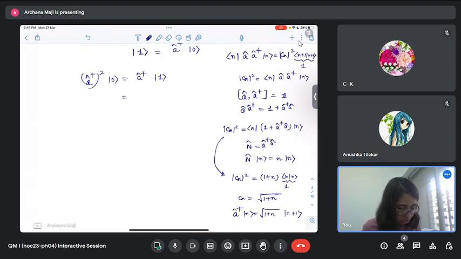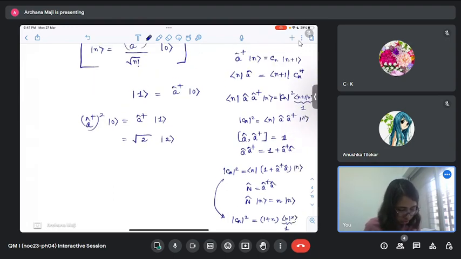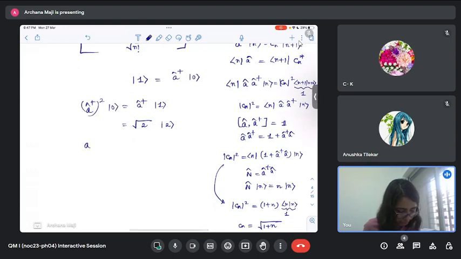Square root of 1 plus 1, that's square root 2, then ket 1 plus 1, so ket 2. So likewise, if you act with a dagger once more, that is square root 2 times a dagger acting on the 2 particle state, that is square root of 2 plus 1, then ket 2 plus 1, that is ket 3.